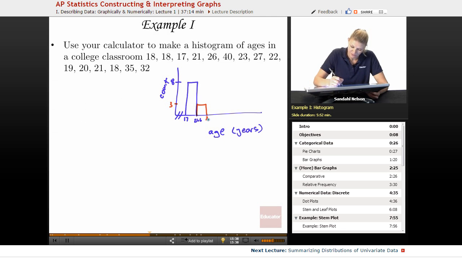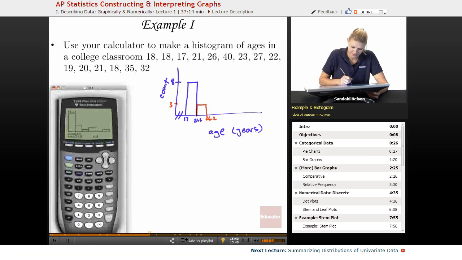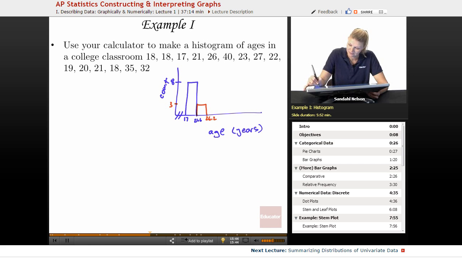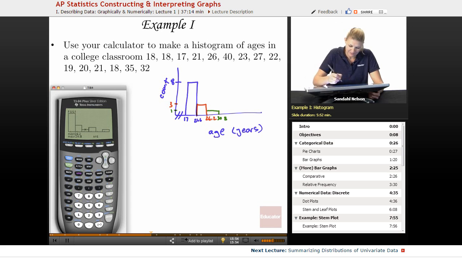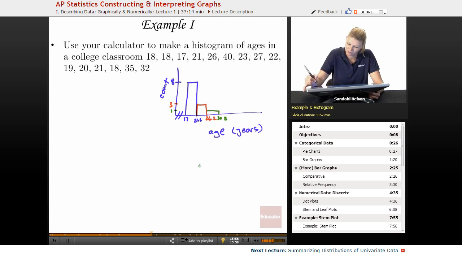So this is 26.2, and then you'll see that the next one is only 1, and that goes to 30.8. And you probably don't want to put it all in different colors, but I am just so you're seeing it. And then the next one has 2, and it goes to 35.4. So this is 35.4.